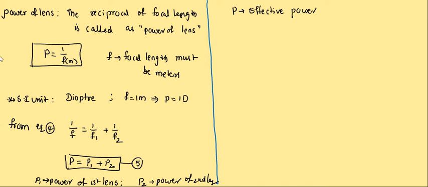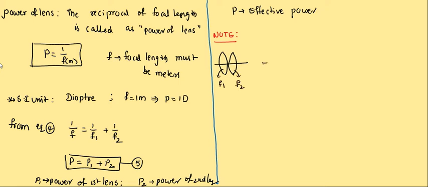And now let us go for one note point. If the two lenses are combined like this, then we have to write the effective focal length. This has the focal length f1 and this has the focal length f2.